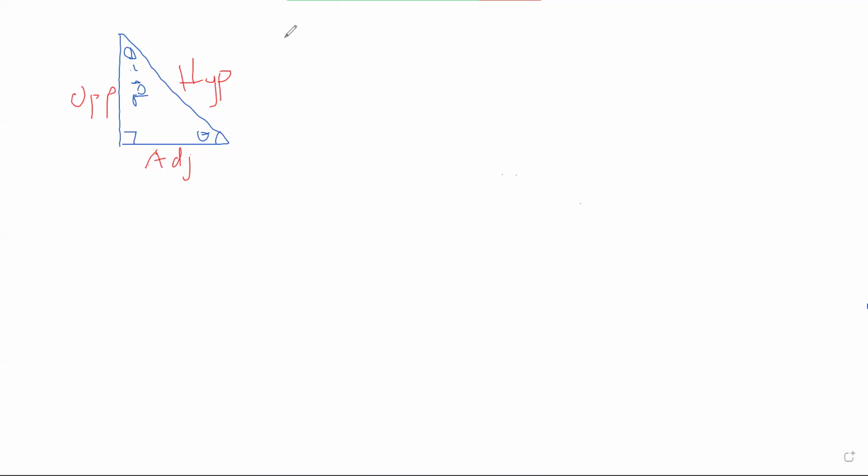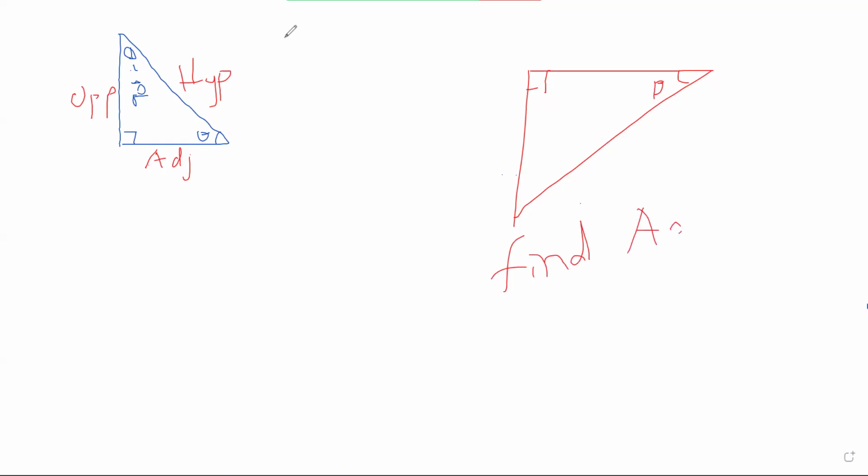So to practice that, let's say I have a diagram like this. Can you try that on your own? Let's say our given angle is beta. So try to solve this question and find your adjacent. Don't forget, there are two things you need.